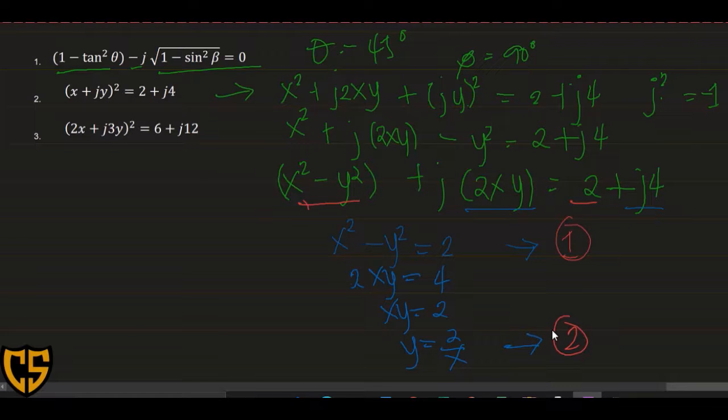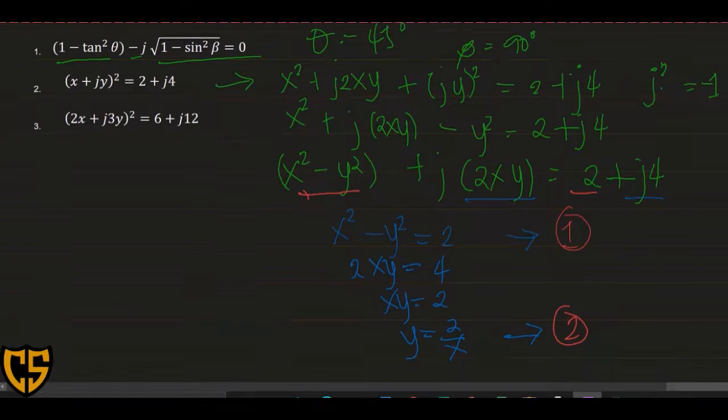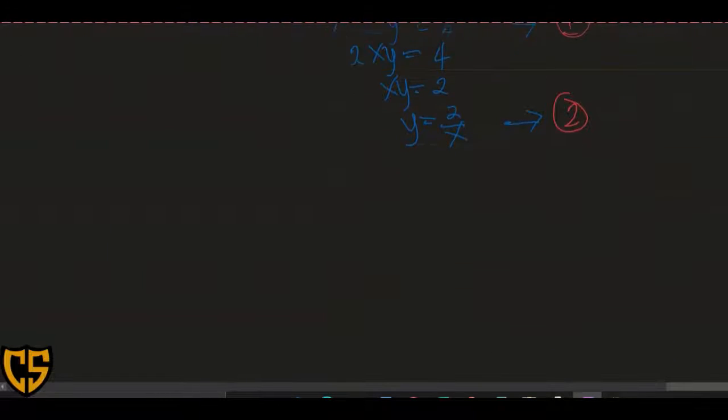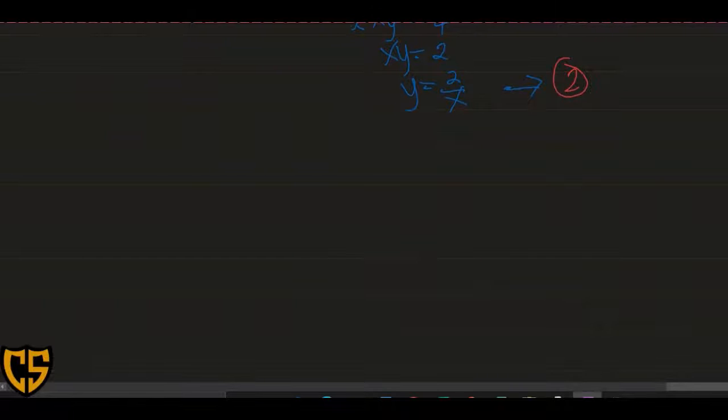So that's it. Now we have two equations, then we have two unknowns. We can substitute the value of x or any of the variables. Okay, so let's continue this. We have equation 1 and equation 2. So we are going to substitute the value of equation 2 to equation 1.